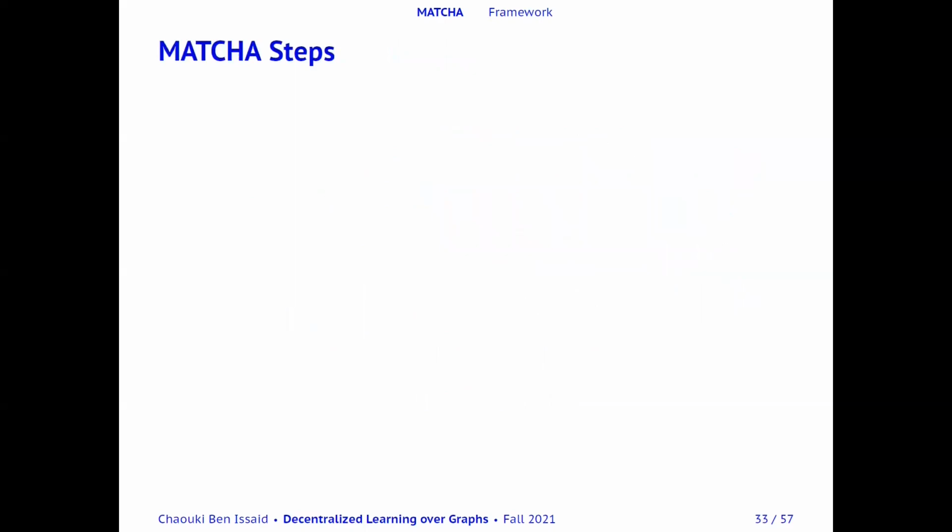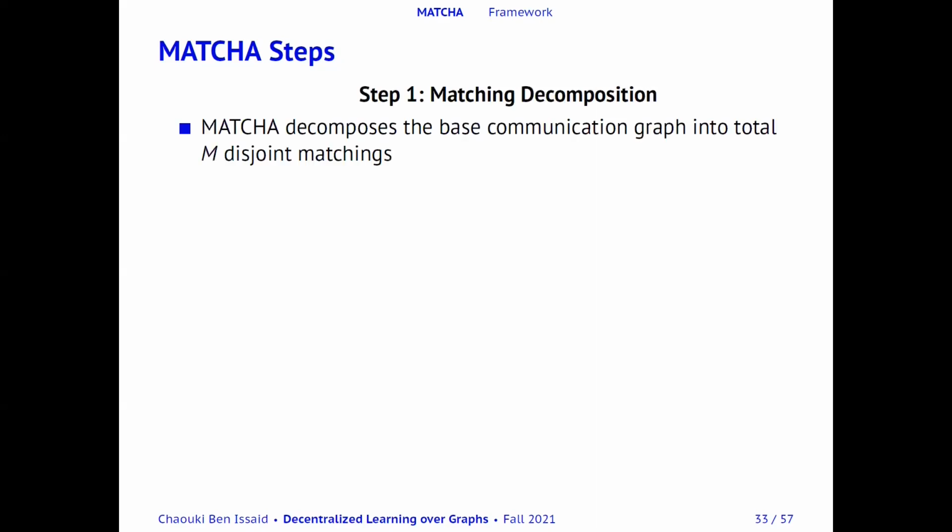Now we will explain every step mentioned in the previous slide with more details. So the first step is, as we said, matching decomposition. Matcha decomposes the base graph into a total of M disjoint matchings.